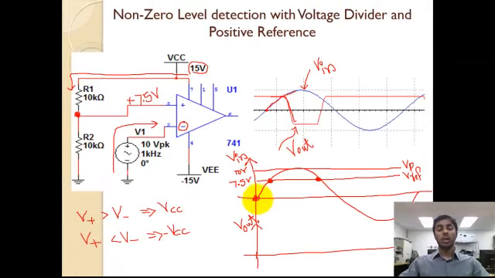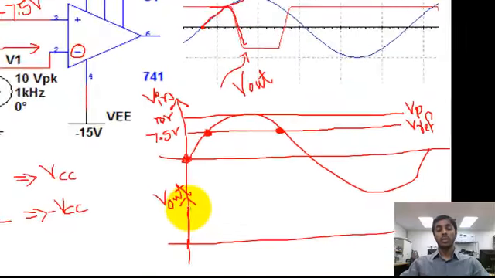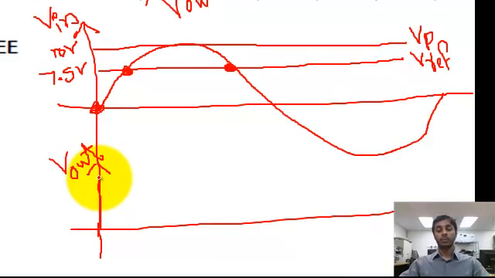Initially the reference is at 7.5 and the input signal is at 0. So V negative is at 0, but V positive is at 7.5. So V positive is greater than V negative initially, so the output signal rises to positive VCC.